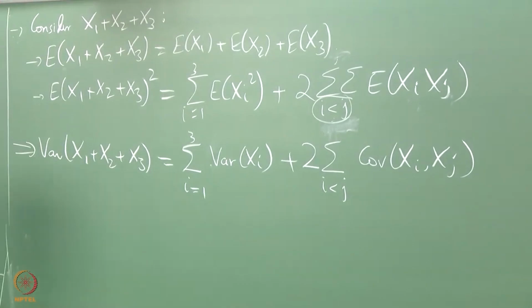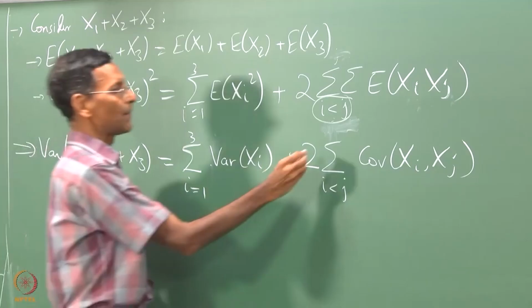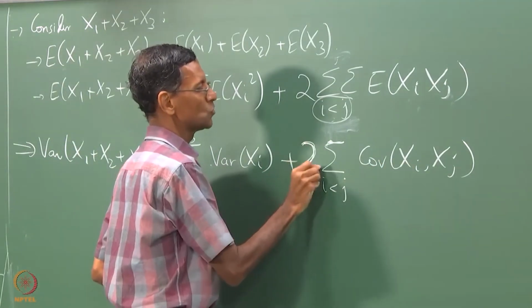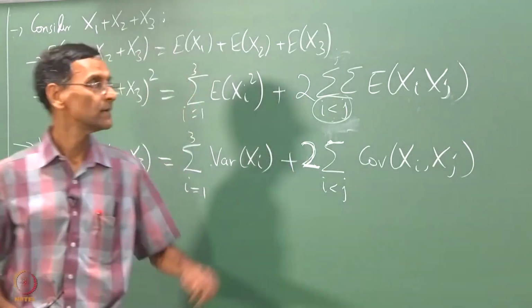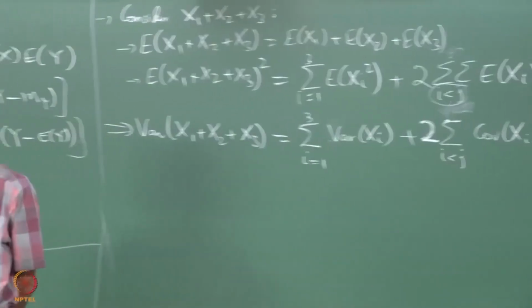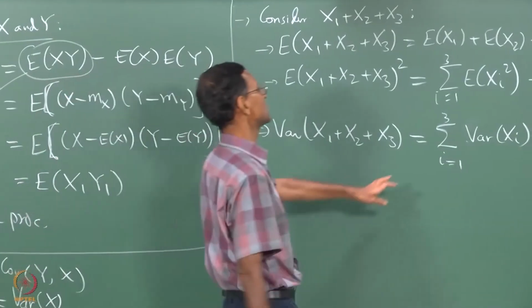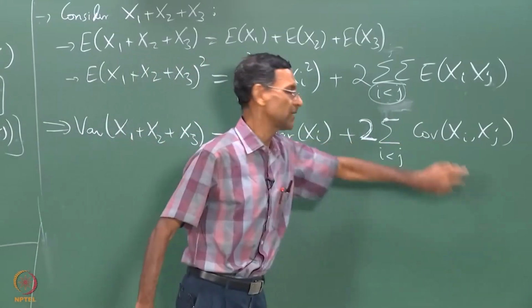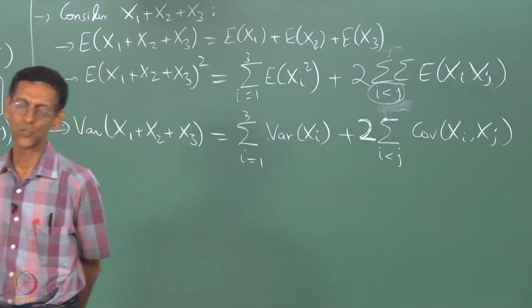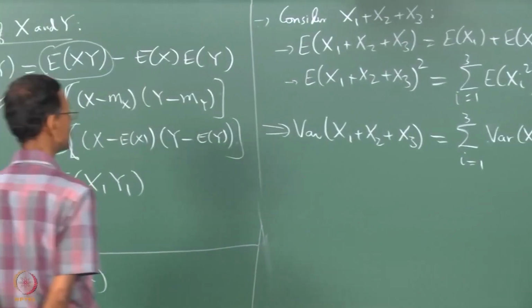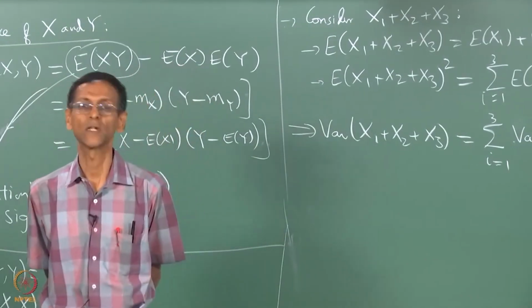This 2 is very important, and it comes from here. In fact this is nothing but a covariance: this is covariance of xi comma xi, and this is covariance of xi comma xj. So covariance becomes very handy to deal with sums of random variables.